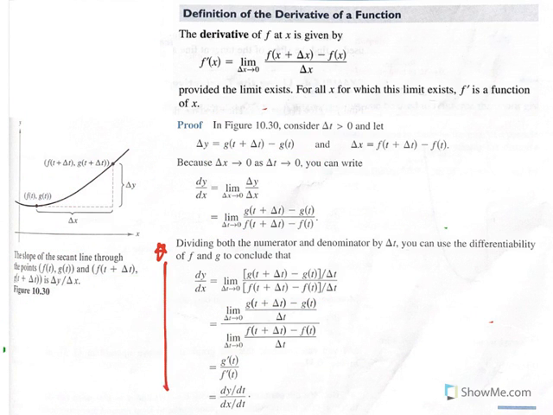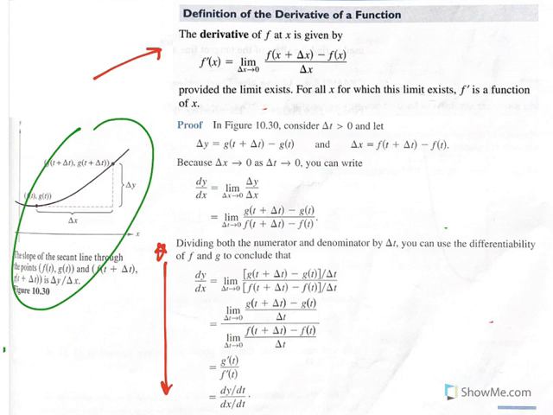As we move forward with the proof, we need to remember the definition of the derivative as a function of x from calculus AB. And it is based on the same concept that we discussed earlier about finding the limiting value of the slopes of secant lines as the second point through which the secant line passes moves closer to the first.